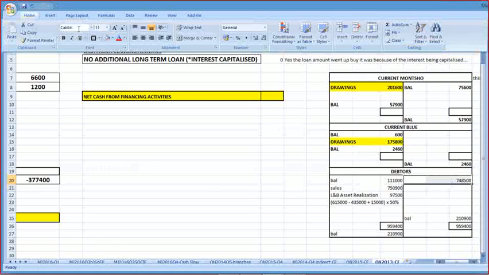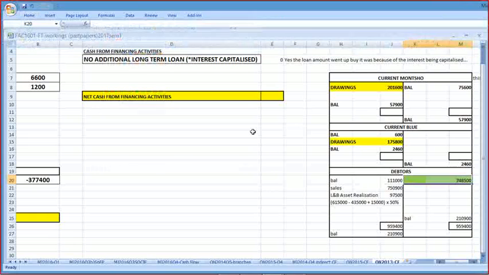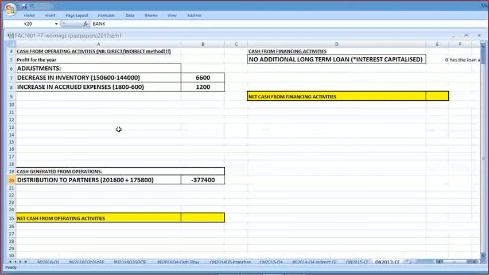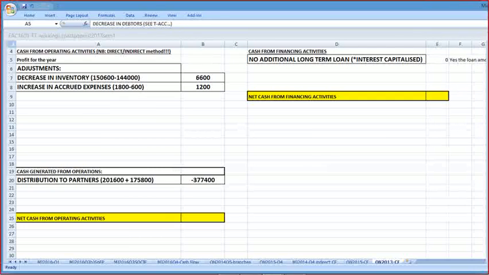Operating, financing, or investing? Operating. Yes. Okay, 7,485,000 is going to be an increase or decrease in debtors. What happened to debtors?